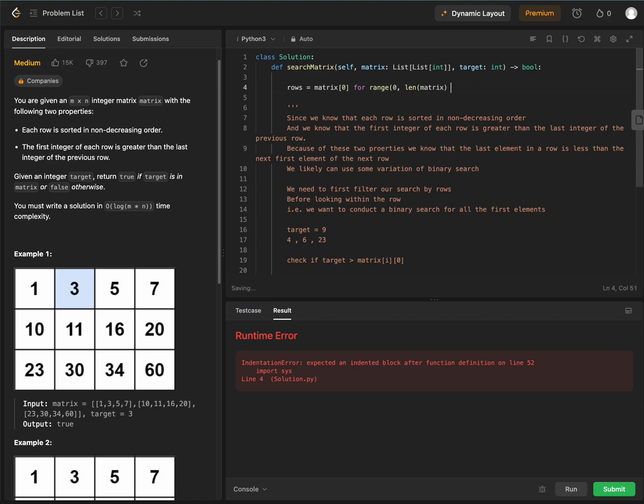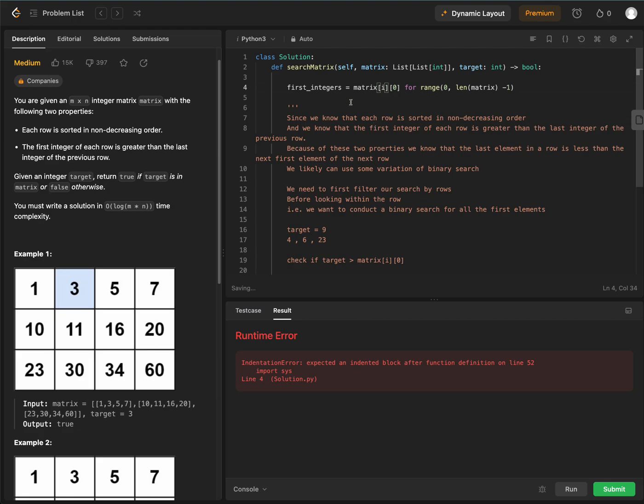So essentially we're looking at something like this, right? For range 0 to this, and then we want to create a rows matrix 0. So we have matrix 0 for this, and we create a rows index. Right, first element, first integers, right? So we have first integers, matrix 0 for range 0 to length of matrix -1. So range 0, we have matrix 0. Sorry, this is i, right?